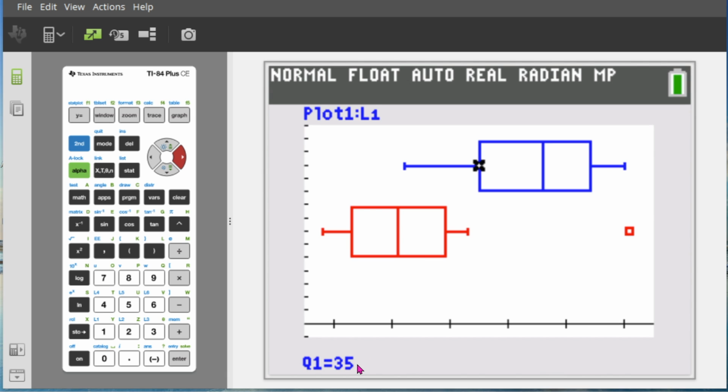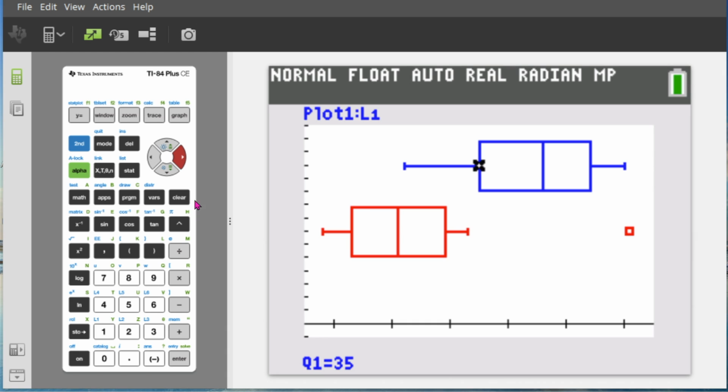So I don't even have to do my 5-number summary that I normally do, because it's within the box plot. Then I'm going to go right again, and that'll give me my median, which is 46. Go right again, and that'll give me my Q3, which is 54. Then I'll go again, and that will give me my max, which is 60.